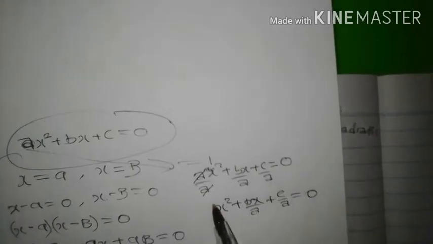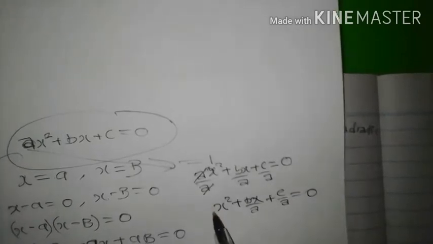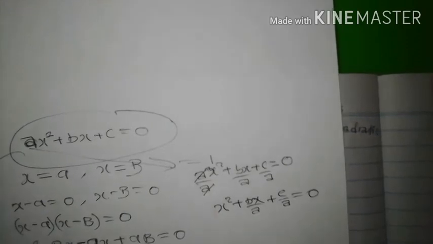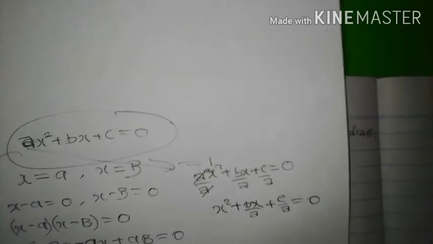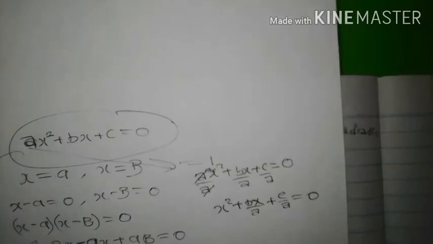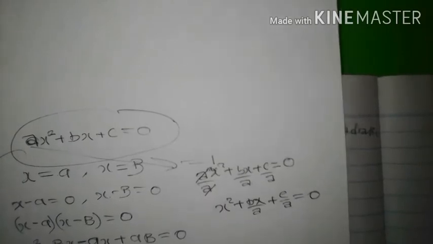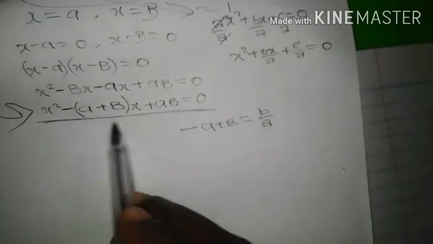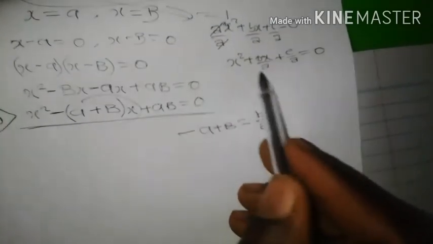So if we have this one as the coefficient of x, it means minus alpha plus beta is equal to b over a. That's if we are comparing what is here and what is here.